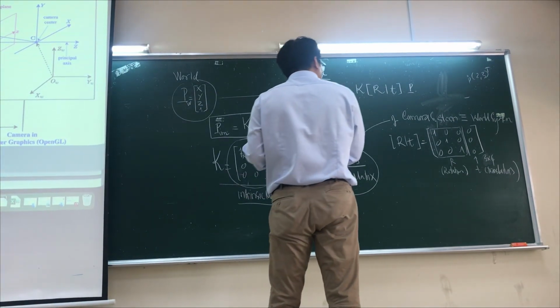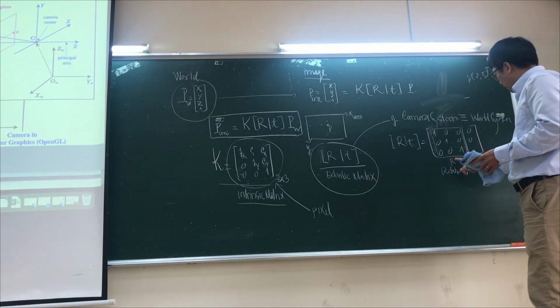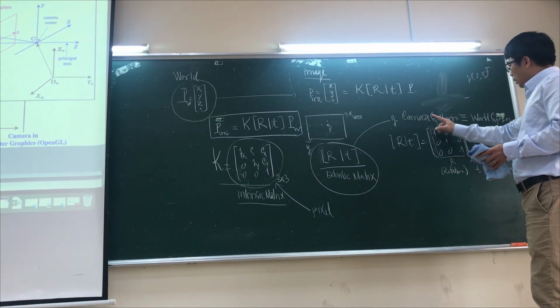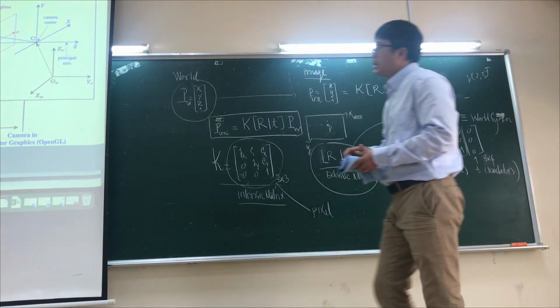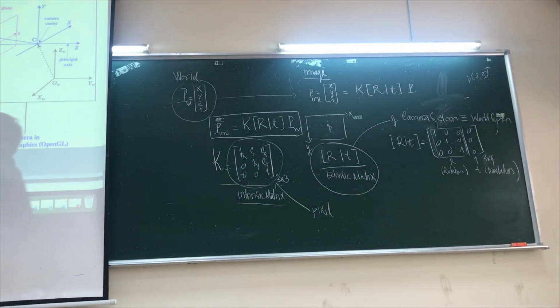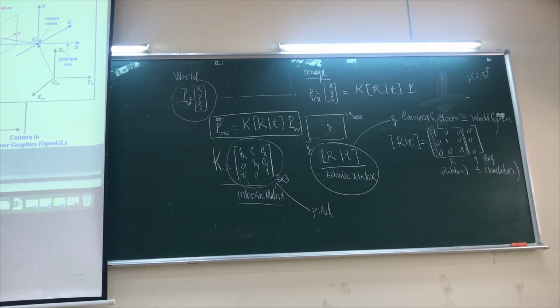Let's talk about, for example, here. I assume that the camera system is aligned with the world system. What does it mean? It means that X camera, Y camera, and Z camera align with the world axes.